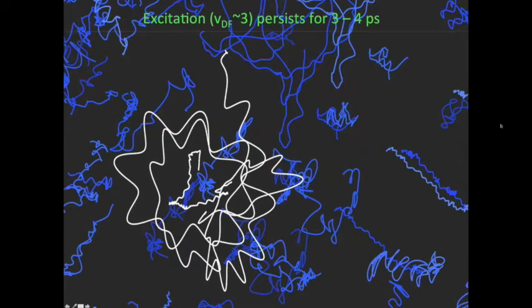This is the same trajectory that I just showed on the previous slide. Although what this shows is a time trace of over 1 picosecond of the nuclear motions for the solvent molecules, which are in blue, and for the DF molecule, which is in white.